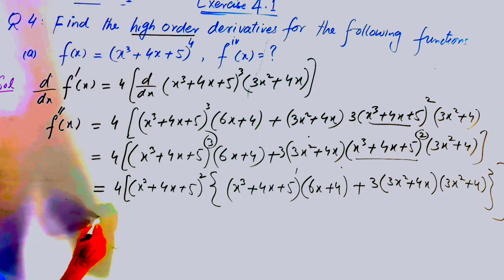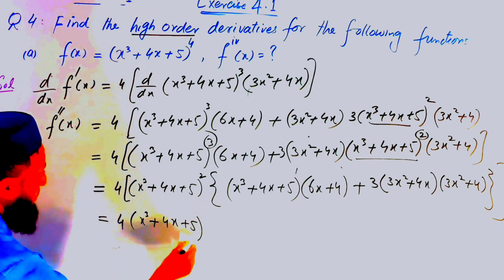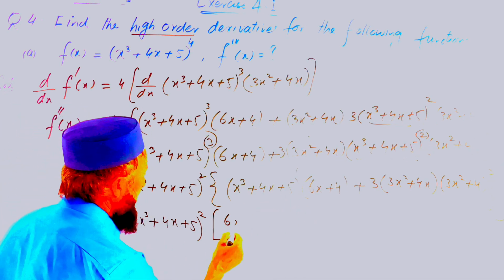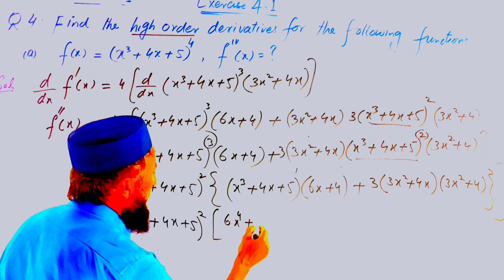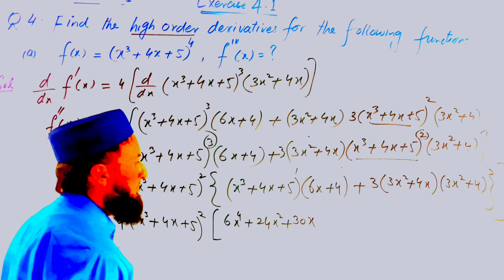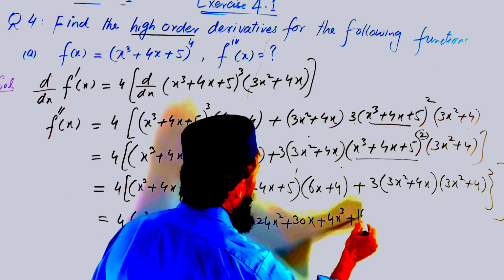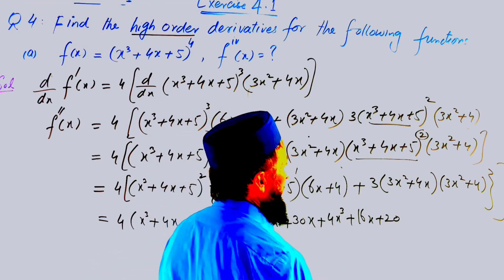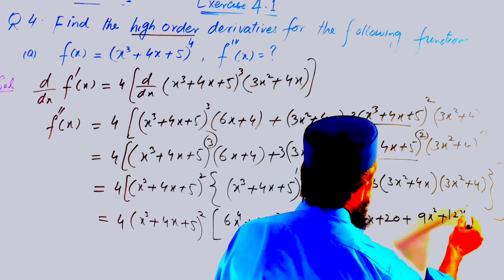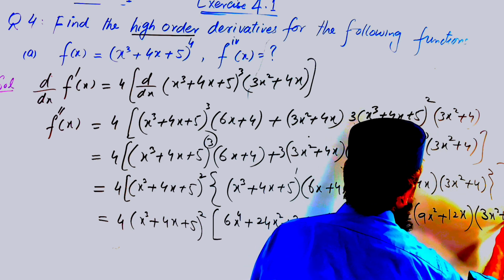So now we simplify this term, (x cube plus 4x plus 5) square. We multiply this term: 6 times 6, x power 4 plus 24x square plus 30x. Now 4 is multiplied, plus 4x cube plus 16x plus 20. Now multiply this term, plus (9x square plus 12x) into (3x square plus 4).